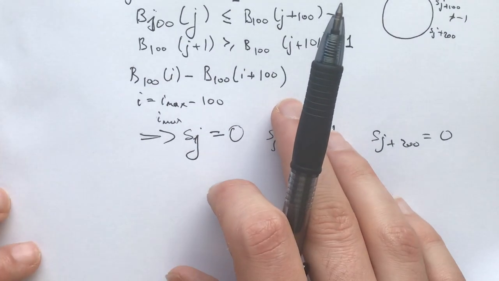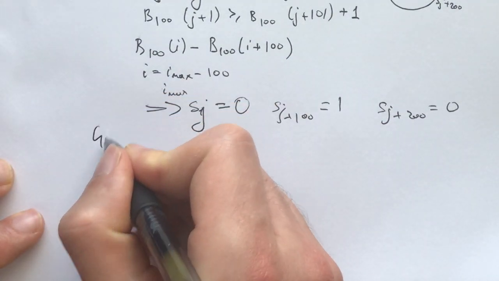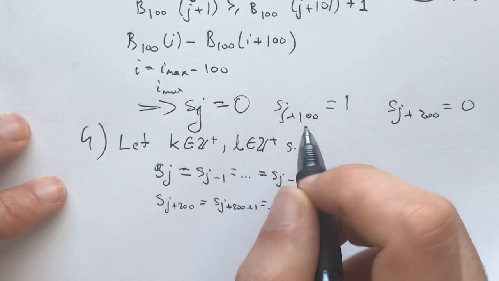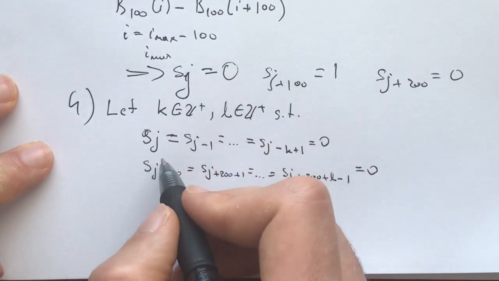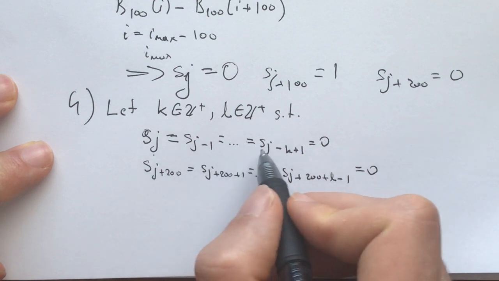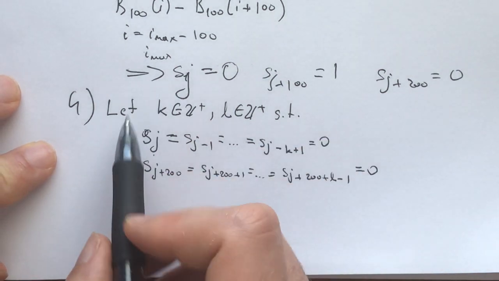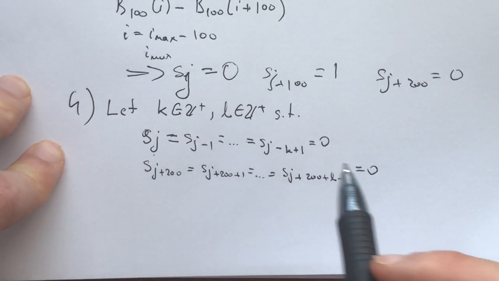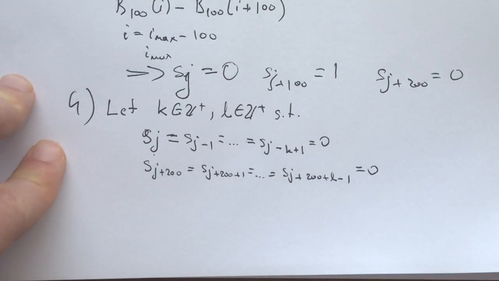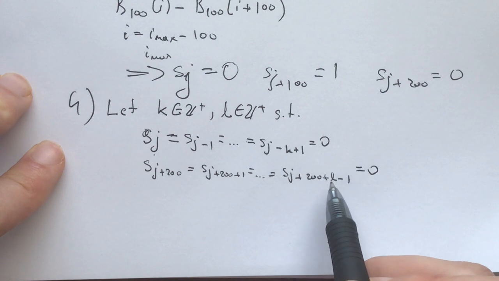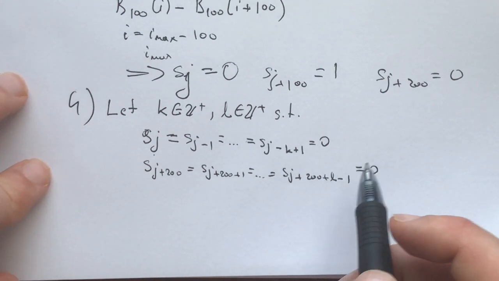Given this, the next step is to let k and l be positive integers such that Sj minus 1 is equal to Sj minus k plus 1 is equal to 0, and Sj plus 200 is equal to Sj plus 200 plus 1 is equal to Sj plus 200 plus l minus 1 is equal to 0.